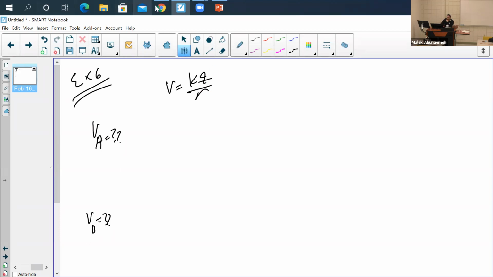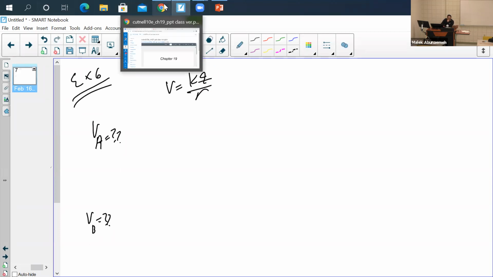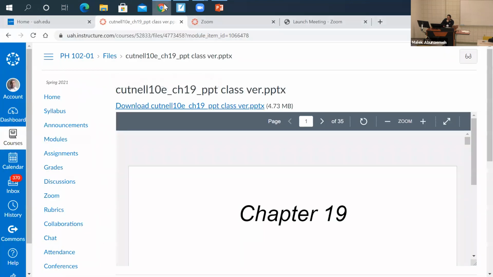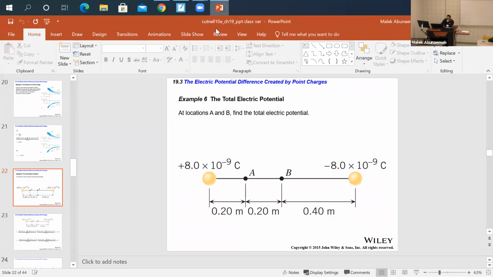So for part A, you are going to have your K, 8.99, multiplied by this charge divided by 0.2, plus you got one coming in here, so it'll be your K multiplied by this negative charge divided by 0.4 plus 0.2, which is 0.6.